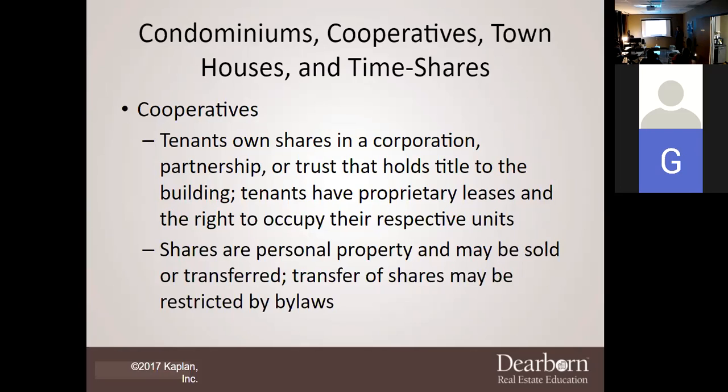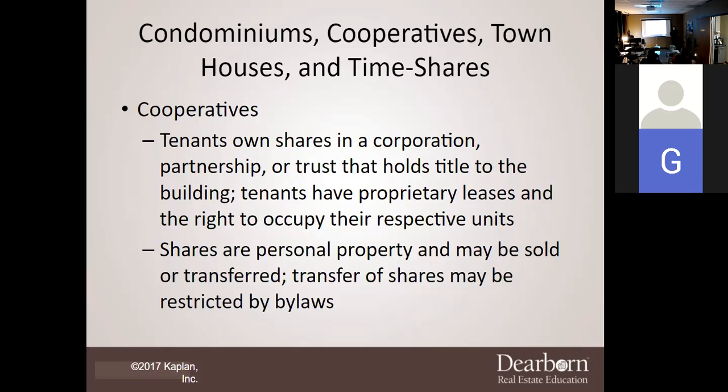So really, they're leasing a place, but they have an interest in the corporation that owns the building. That's a cooperative. Its shares are personal property and may be sold or transferred, or transfer of shares may be restricted by certain bylaws.